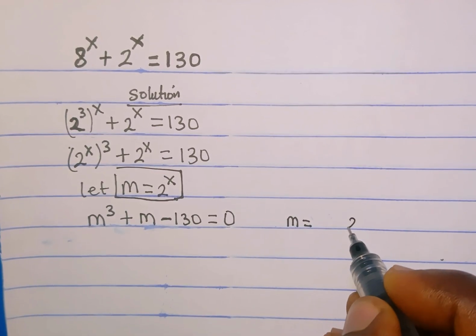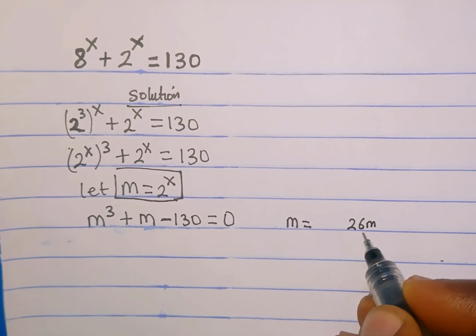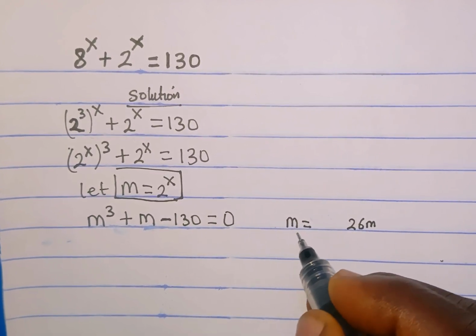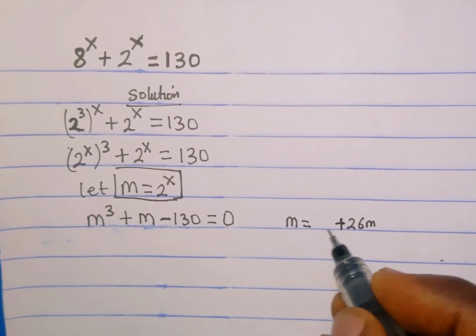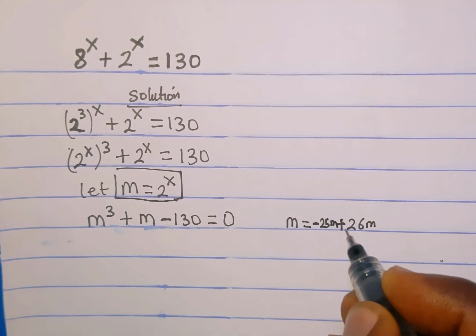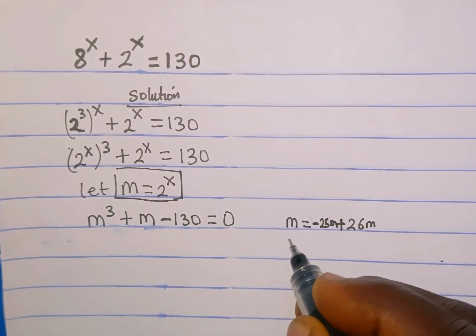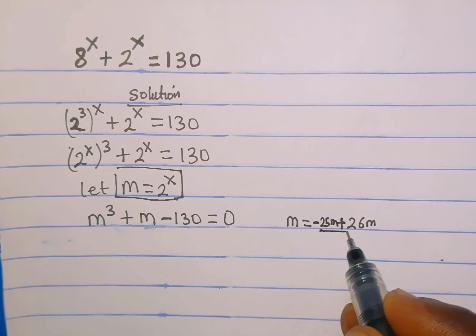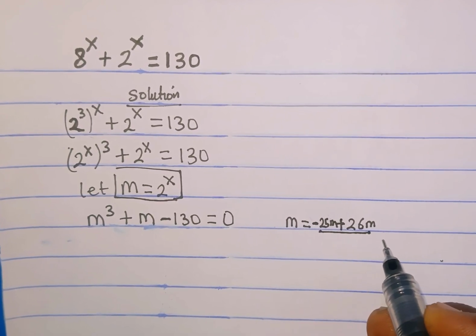So when we write 26m, what can we take from this 26m to give us m? So when we take away, this 26 is positive. So when we take away minus 25m, you are going to see that minus 25m plus 26m is going to give us m. So the whole of m can be replaced as negative 25m plus 26m.